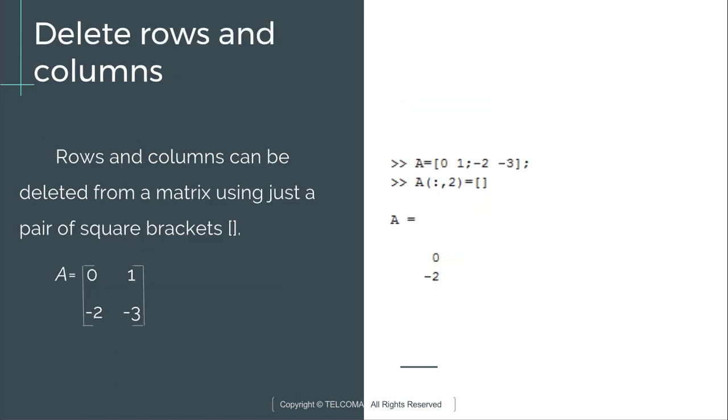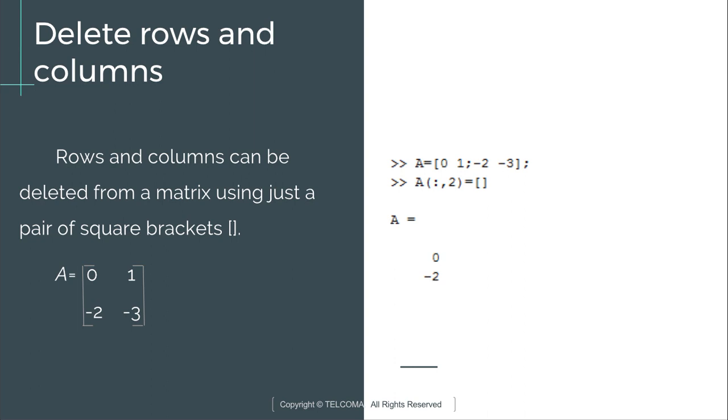Now, how to delete a particular row and a column? Rows and columns can be deleted from a matrix by using just a pair of square brackets. Like if you want to delete the second column, just write A and in the row place write colon comma 2, because you want to delete the second column.